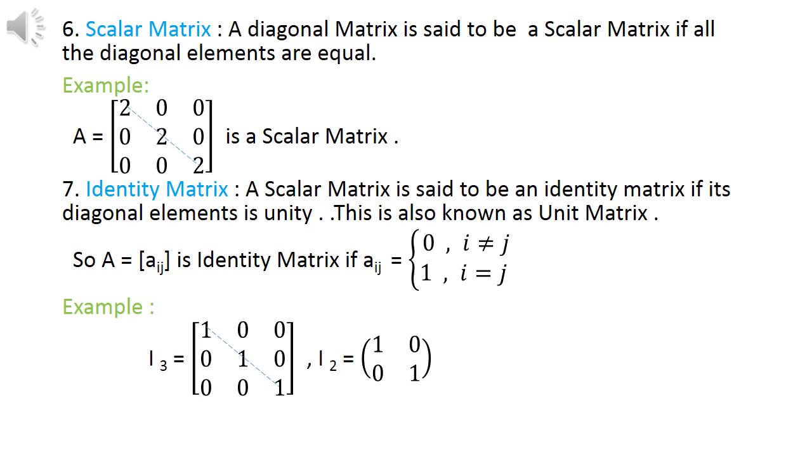Therefore, Aij is an identity matrix if Aij is equal to 0, where i not equal to j. It means the elements present in first row second column, first row third column, second row first column, second row third column, third row first column, third row second column are 0. And the element present in a diagonal place, where i is equal to j, has value 1.